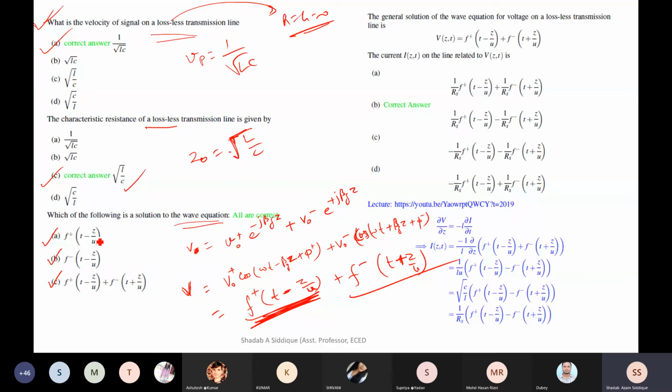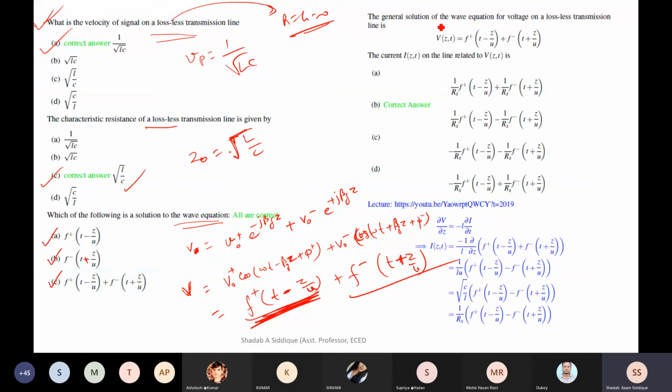So all are correct, all are solutions of the wave equation. It may be f plus t minus z by u, f minus t plus z by u, or f plus t minus z by u plus f minus t plus z by u.